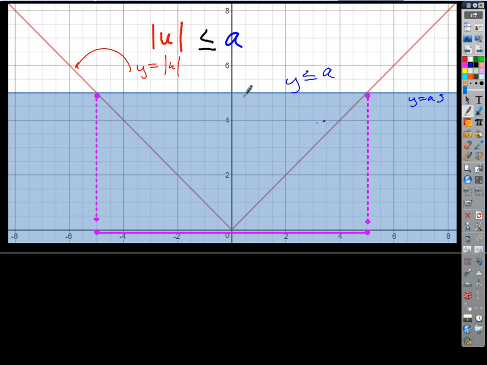If y equals a on this boundary line, y is the vertical variable, right? So when y is greater than something, it must mean it's above it. If y is less than a number, it must mean that it's below it, right? So this whole shaded region down here is the graph of y is less than or equal to a. It's not just a line, it's a half plane, the boundary line plus the half plane.